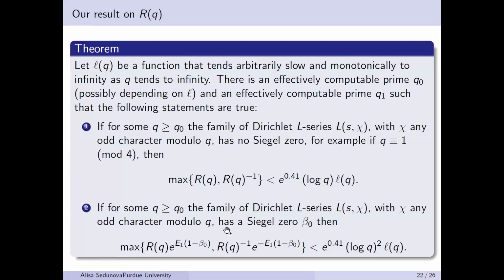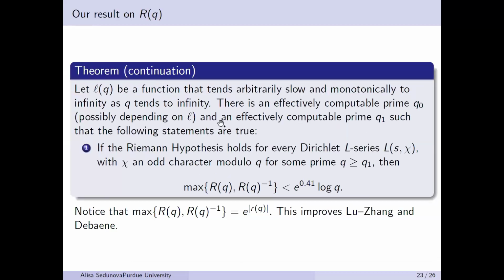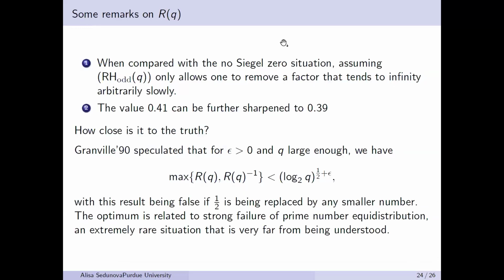Otherwise we get something like this, which works very precisely with the powers here. The third part is the conditional result: if the Riemann hypothesis holds, then we get this improvement. So this improves the previous result, but the ranges are slightly different. Okay, so I would like to finish with remarks on R of q.